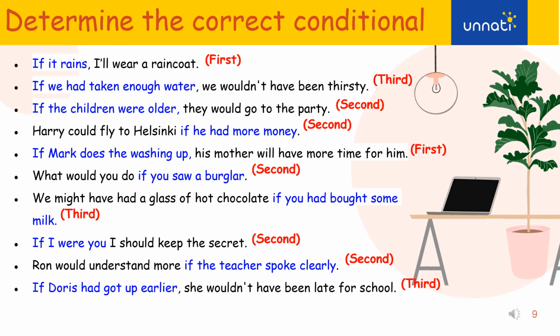So Ron would understand, past tense, if the teacher spoke clearly, past tense. So second conditional. If Doris had got up earlier, she wouldn't have been late for school. So if Doris had got up earlier, past perfect, she wouldn't have been late. Wouldn't have plus participle been. So third conditional.